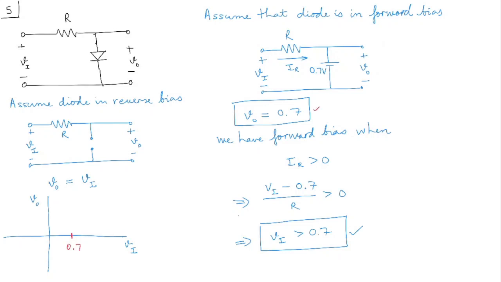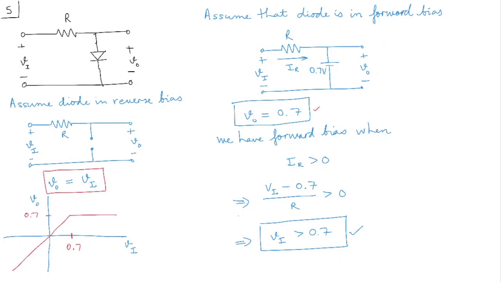So for Vi greater than 0.7, we get Vo equal to 0.7. And for less than 0.7, we have Vo equal to Vi. So we have a characteristic like this. Right? So that is our characteristic. Is that okay? Okay, so let's go on to the next problem.